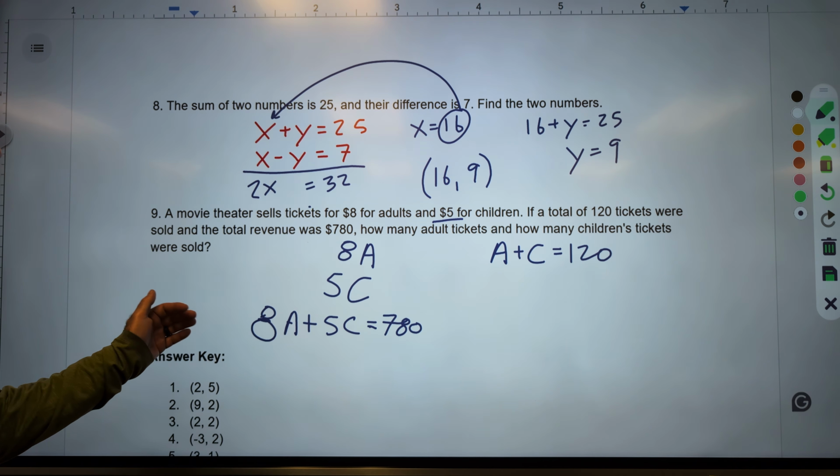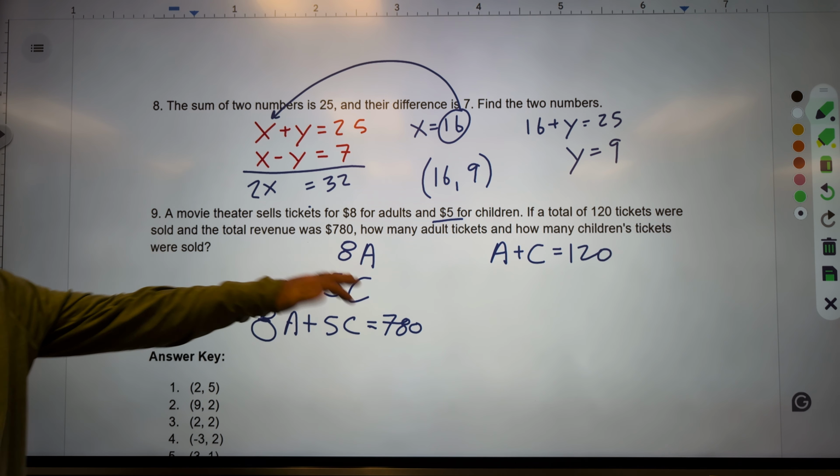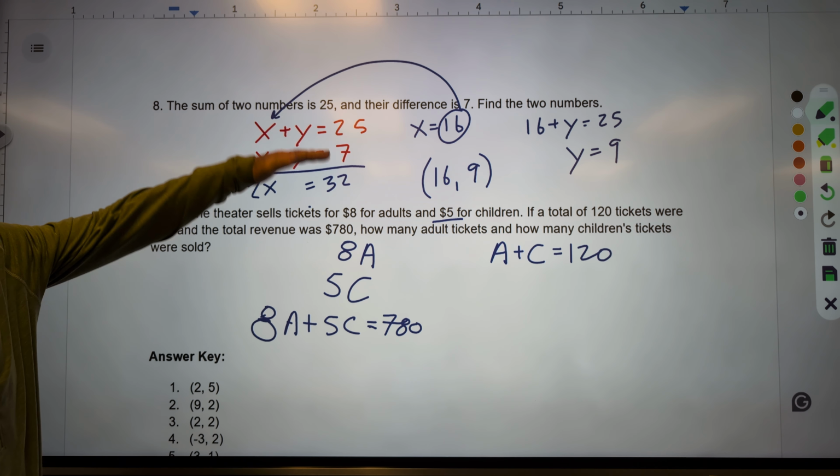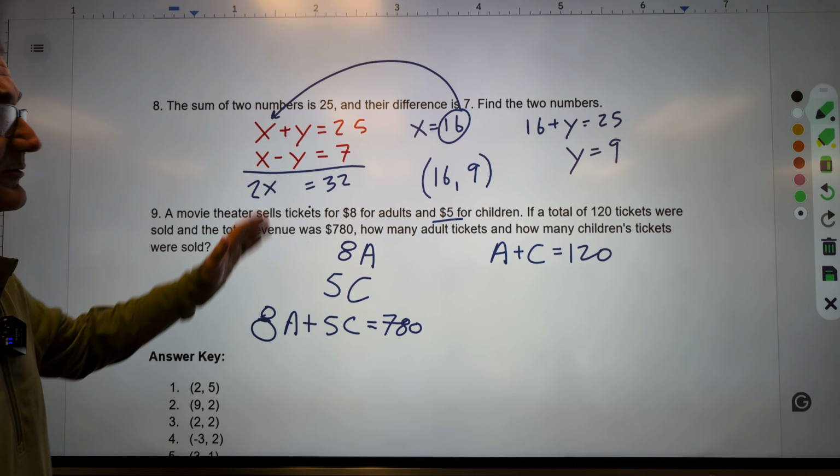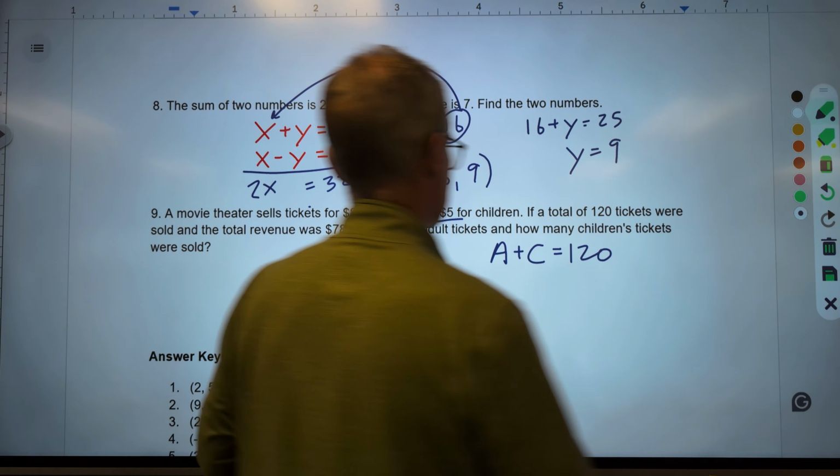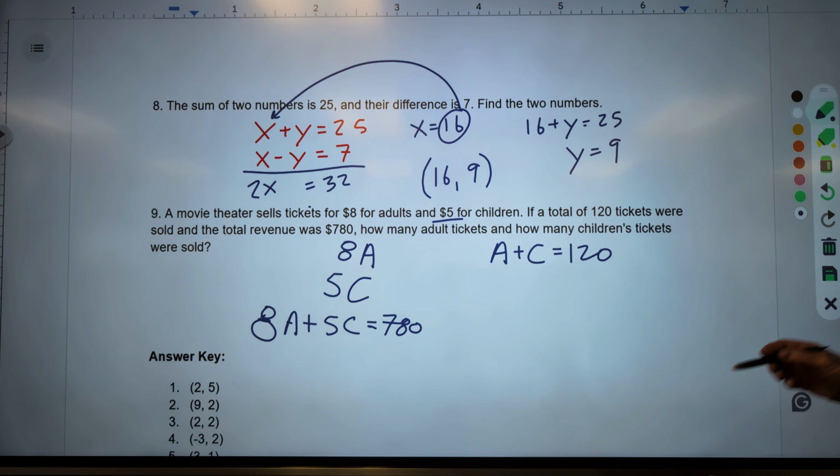This one I could do linear combinations as well, but it might just be as easy to do substitution. So this one, linear combinations worked well. This one I think I'll do substitution. You don't have to, multiple ways. No one is right on that as long as you follow the rules of algebra.